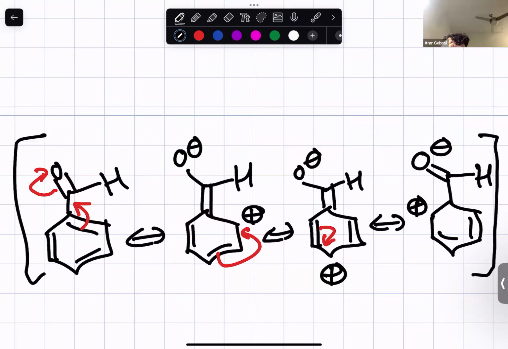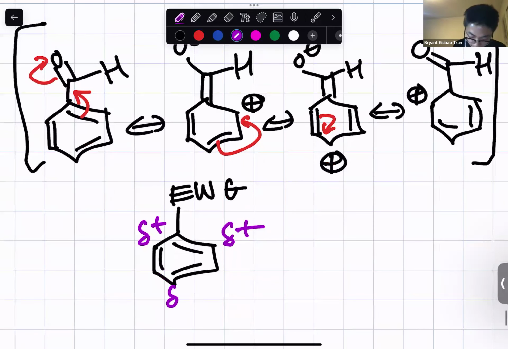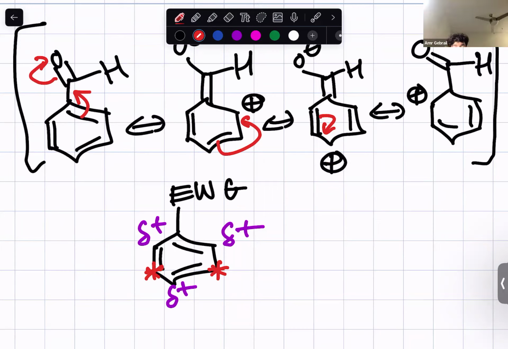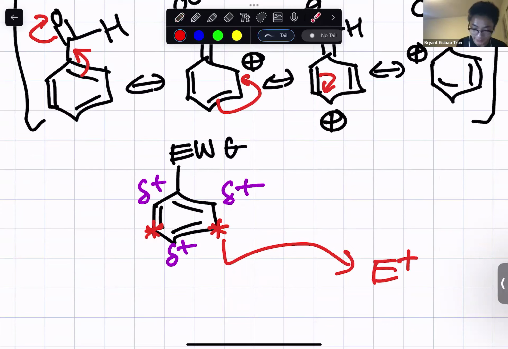EWGs create positive charges on the ortho and para positions relative to the EWG. That makes the best nucleophile the meta position. Even though there's no charge there, that is a better nucleophile than the positive charge. So that's why they are meta directors. They will attack electrophiles at the meta position relative to the EWG.